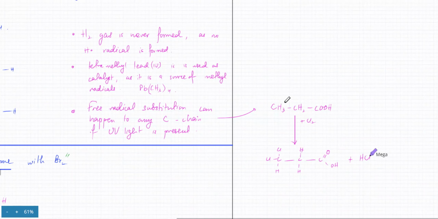So remember, it could happen to any carbon chain which has carbon and hydrogen atoms, and you react it with Cl2 under UV light, and you're going to get this reaction.